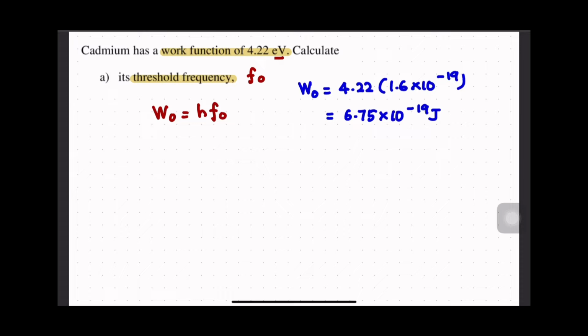So I substitute in here, 6.75 times 10 to the power of negative 19. And then h is 6.63 times 10 to the power of negative 34. And then we want to find f0.